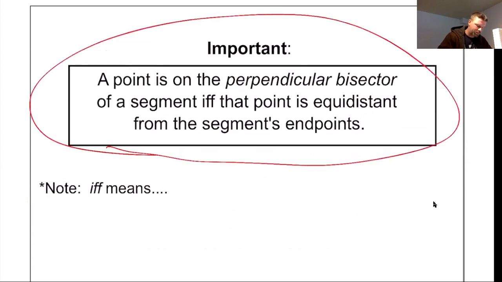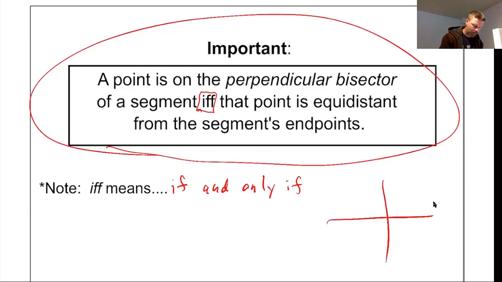All right, so big important thing. A point is on the perpendicular bisector of a segment if and only if that point is equidistant from the segment's endpoints. That little IFF, if you didn't already know, means if and only if. What this statement is really saying is that it works both ways.